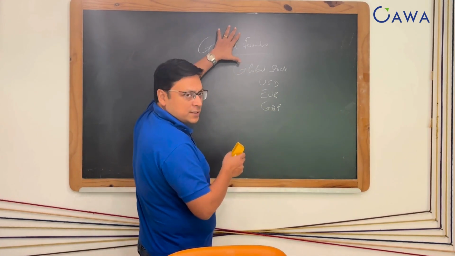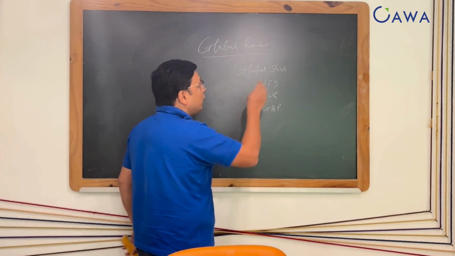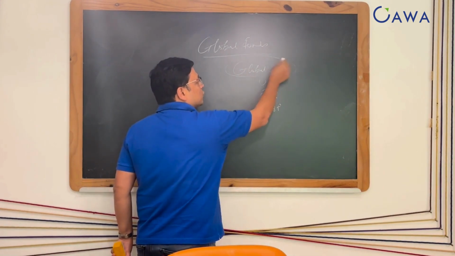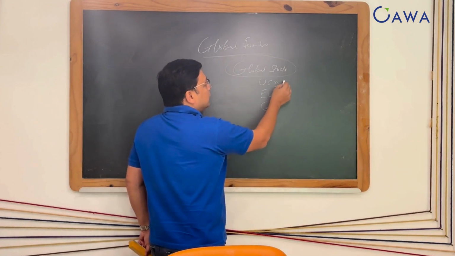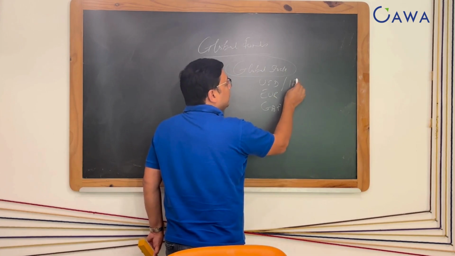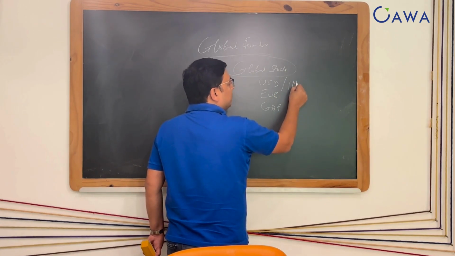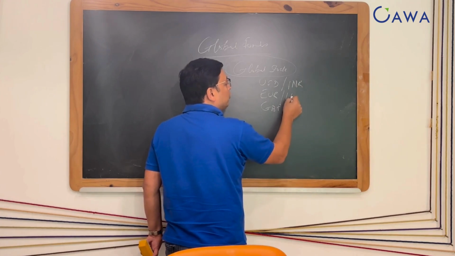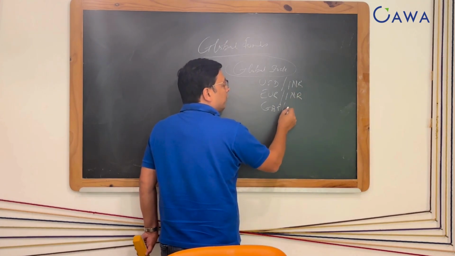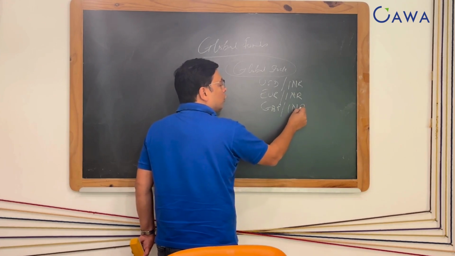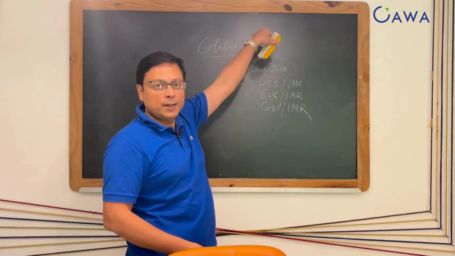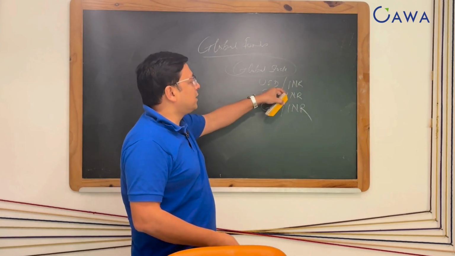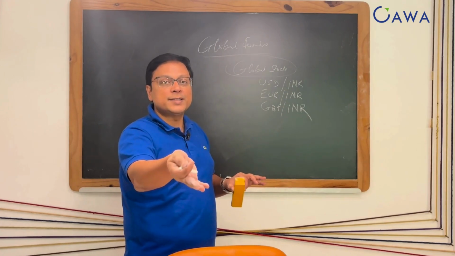So this set of funds is becoming very popular, and when you are investing in global stocks, apart from how those stocks are performing, the movement of rupee to USD is important, the movement of rupee to euro is important, and the movement of rupee vis-a-vis GBP is important, because if you are investing in a global fund, obviously you are also exposed to the currency.